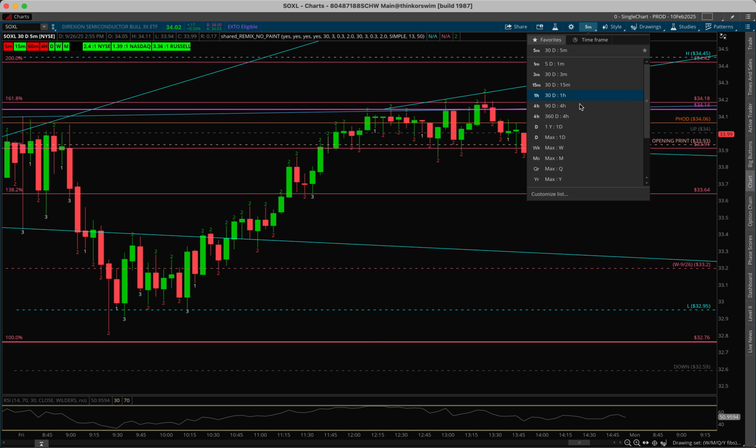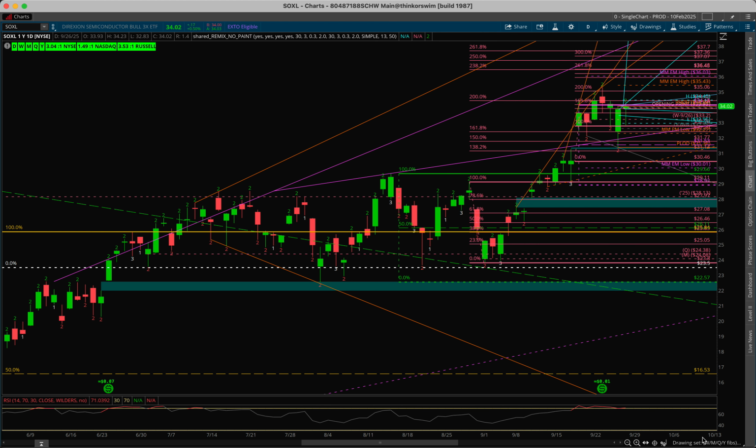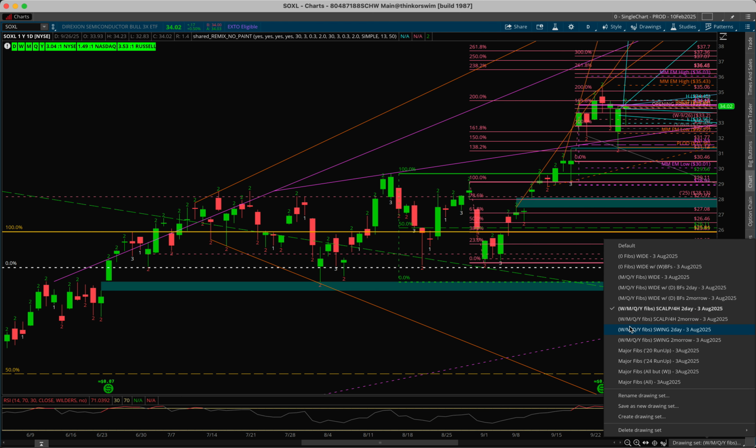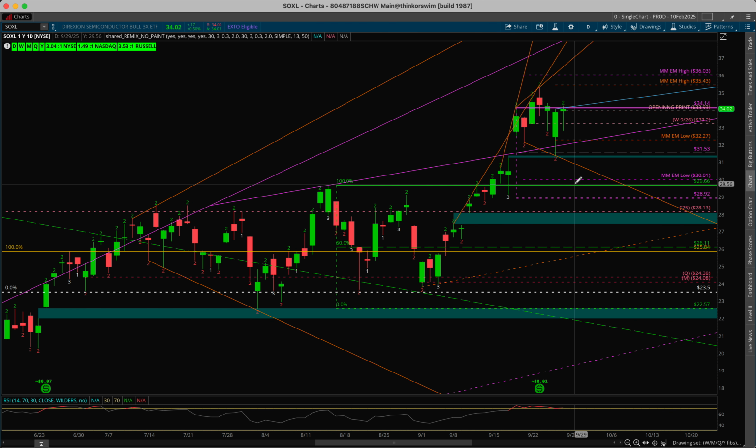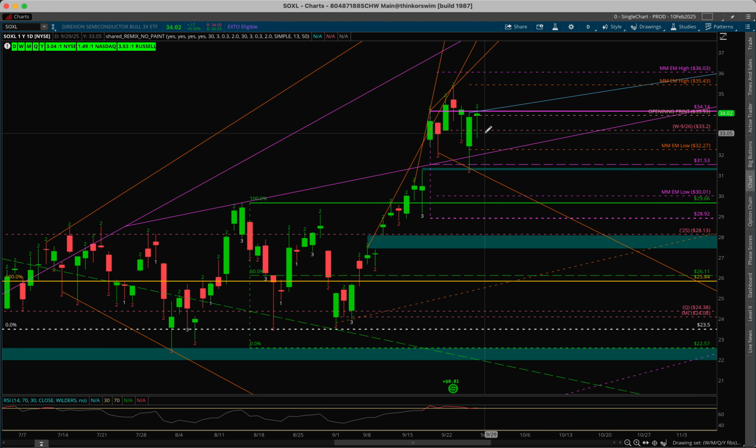Looking at it from the day perspective, let's pull this up in a little bit cleaner chart. We can see we had the opening print, and we did end up getting the 2 up on the day, so it triggered the 2 down, 2 up. Didn't quite reach magnitude, which is the high of this candle here at 34.39. 34.06 was the high.